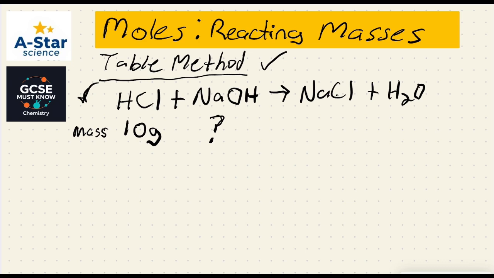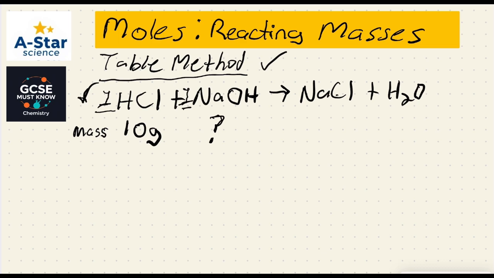In this case, we're trying to figure out the mass of sodium hydroxide needed to react with that 10 grams. We can look at moles to help us with this calculation, because this equation is saying that 1 mole, this is 1 even though we don't write the 1, of hydrochloric acid reacts with 1 mole of sodium hydroxide.